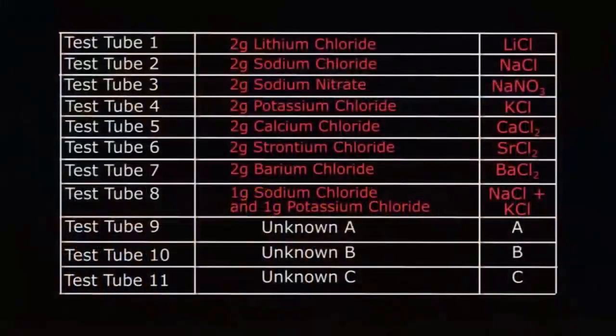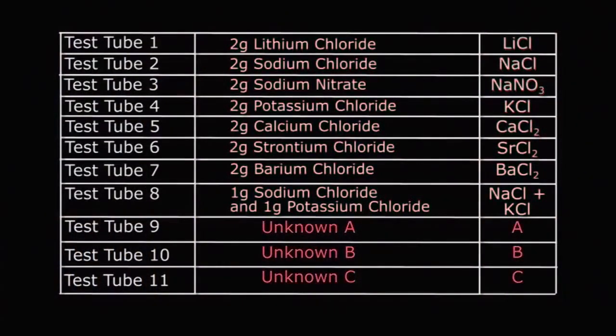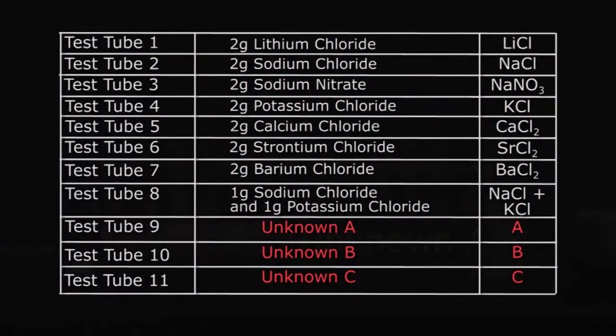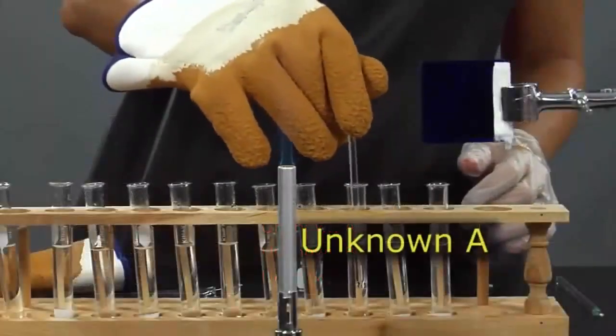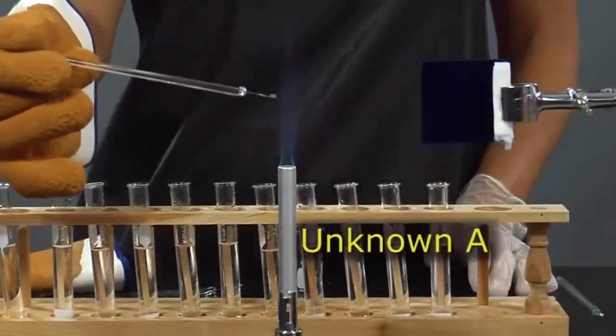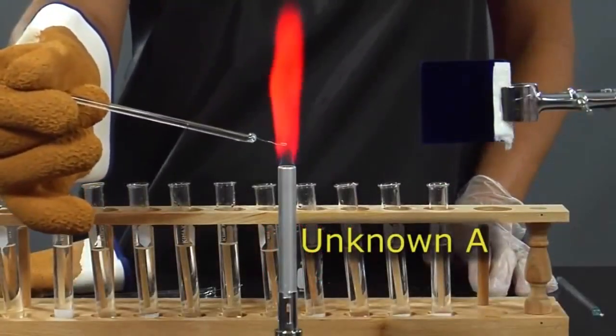Since we have just finished testing all of our known substances, it is now time to test the unknown ones in order to compare and be able to identify the metals present in them. Let's begin. First, unknown substance A. Observe and enter the color.